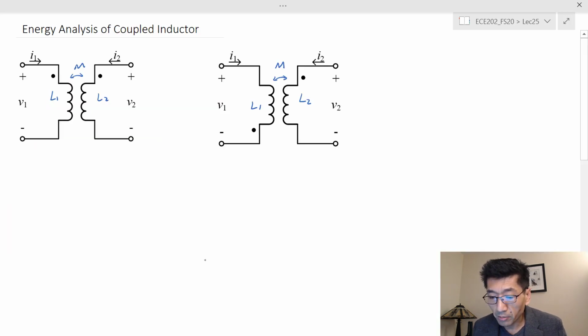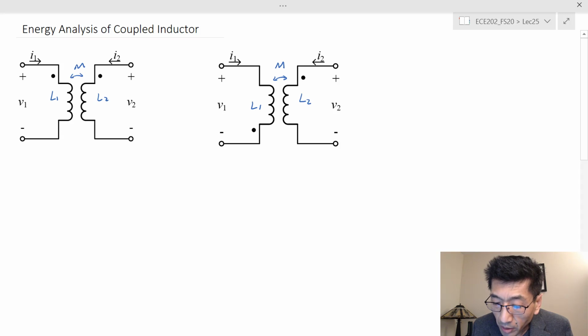Remember the coupled inductor we had, the two currents may create a flux that adds to each other, and also they could subtract from each other depending on the dotted sign convention we talked about in the last lecture.